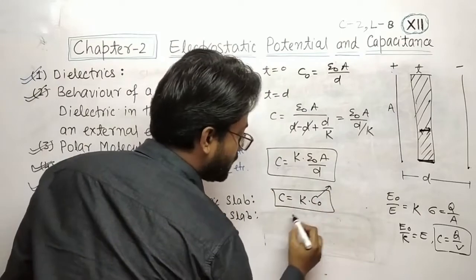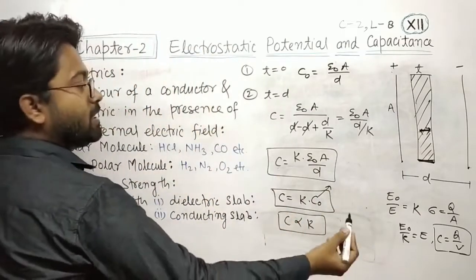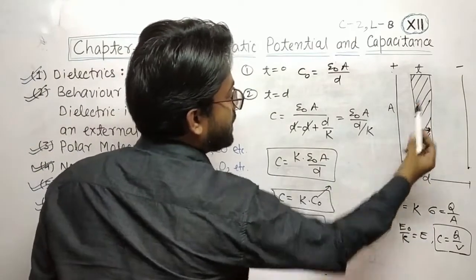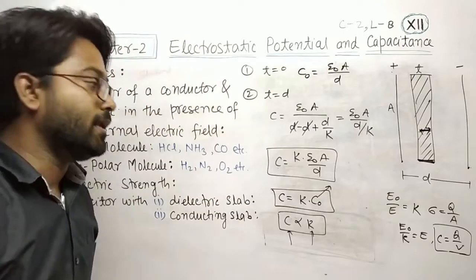C naught is constant, meaning C is directly proportional to K. If we insert a dielectric slab between the plates, the capacitance of the parallel plate capacitor will increase.